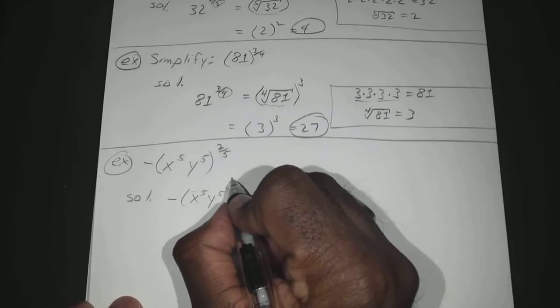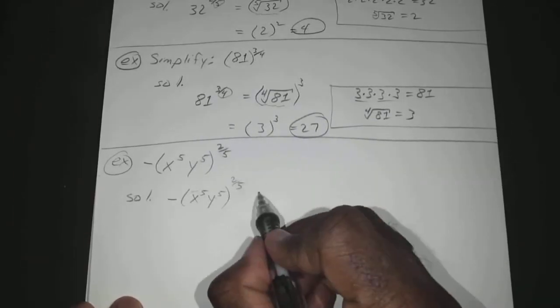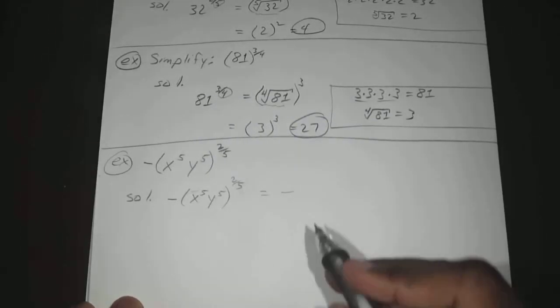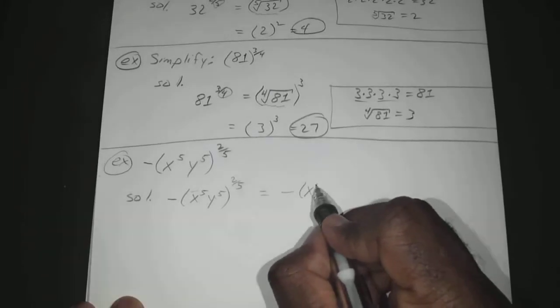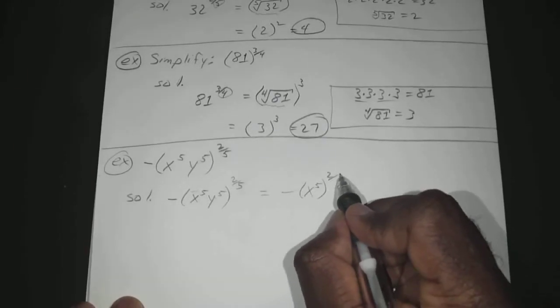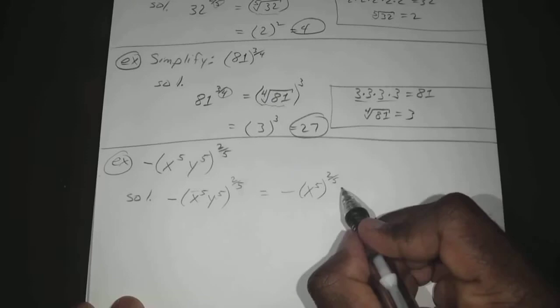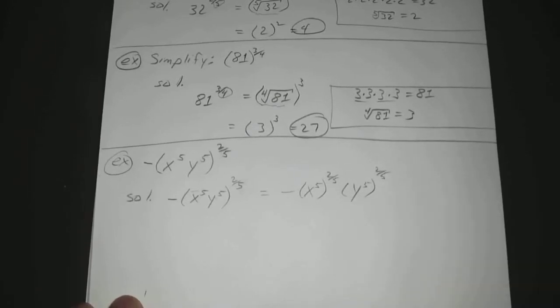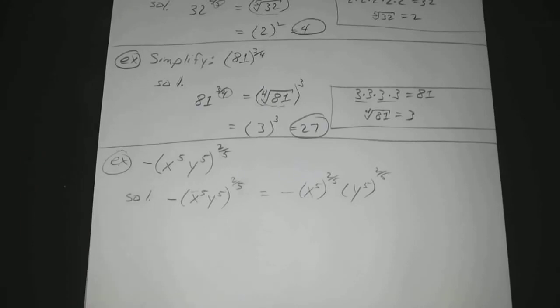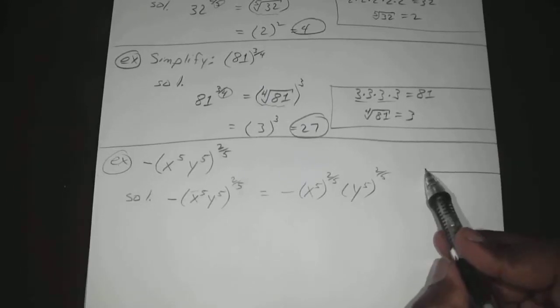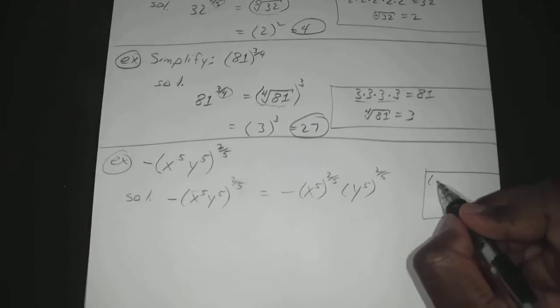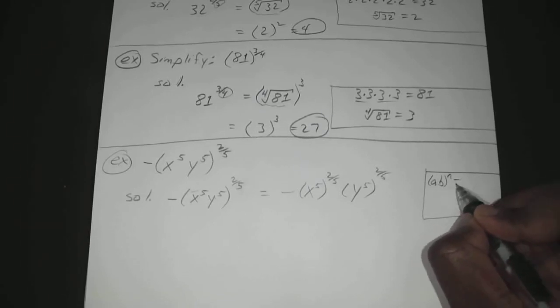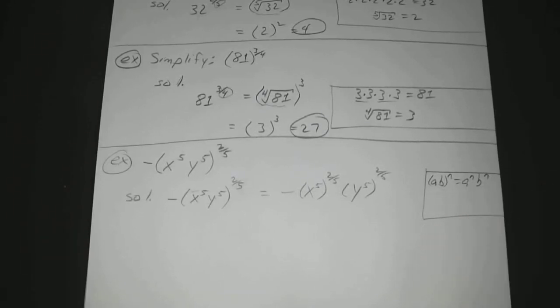So if we make that to the 2/5 power, that just becomes negative x to the 5th to the 2/5 power times y to the 5th to the 2/5 power. Remember, that just comes from our exponent property: a times b to the n equals a to the n times b to the n.